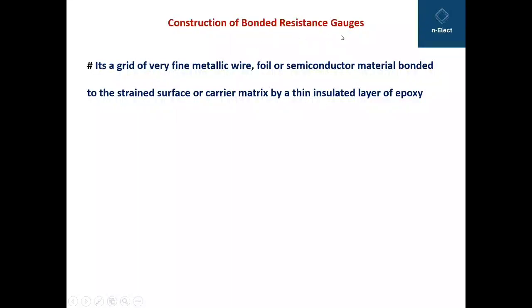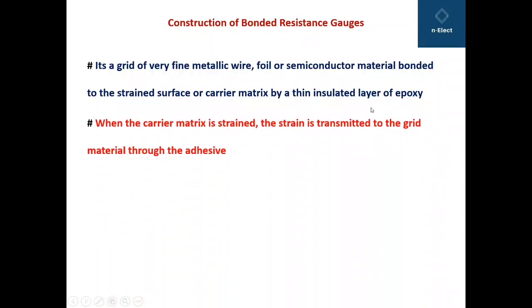Construction of bonded resistance gauges. So how the bonded resistance gauges are constructed, that we are going to see here. It's a grid of a very fine metallic wire or foil or semiconductor material which is bonded to the surface which is going to experience the strain, or a carrier matrix, by a thin insulated layer of epoxy.